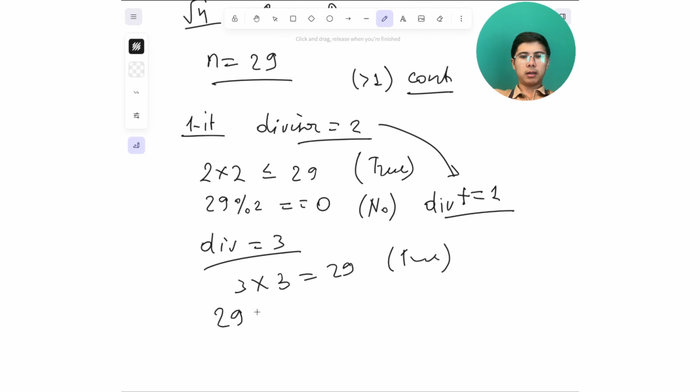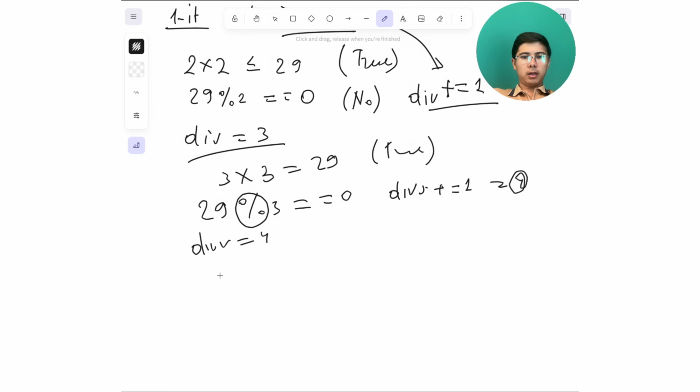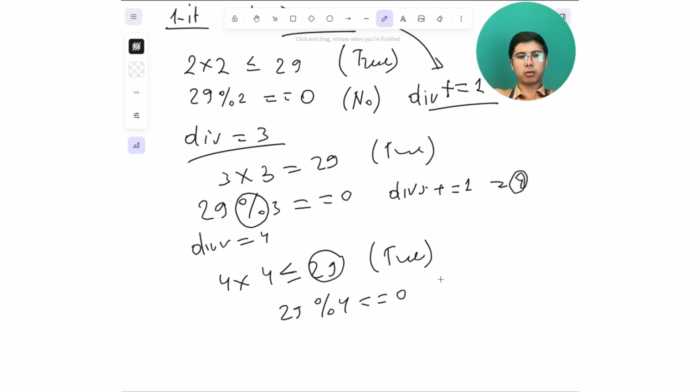And then 29 modulo 3 equals 0? The answer is no. Then again divisor plus equals 1, which becomes 4. Then our divisor is 4, and 4 by 4 is still less than 29, so we can continue, and 29 modulo 4 equals 0? The answer is no.